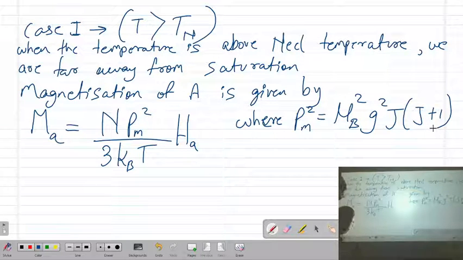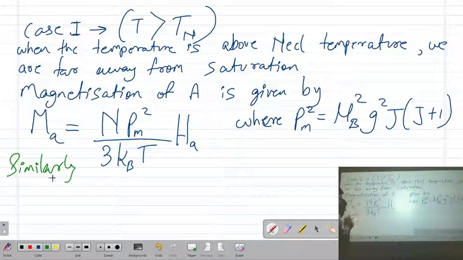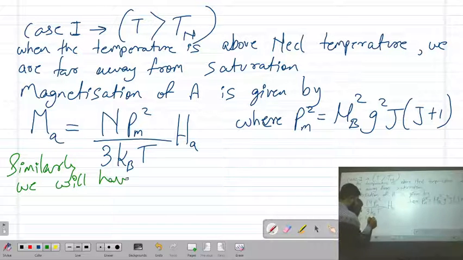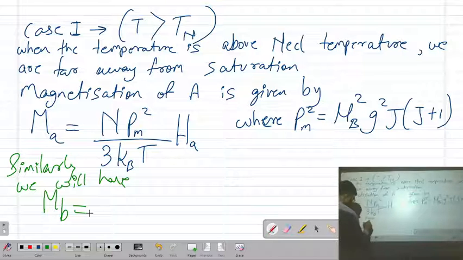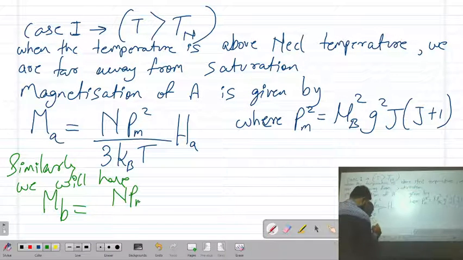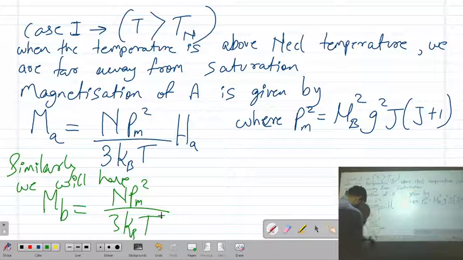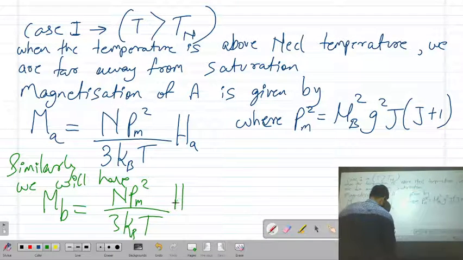Similarly, we will have M_B equals N p_m squared by 3 k_B T times H_B.